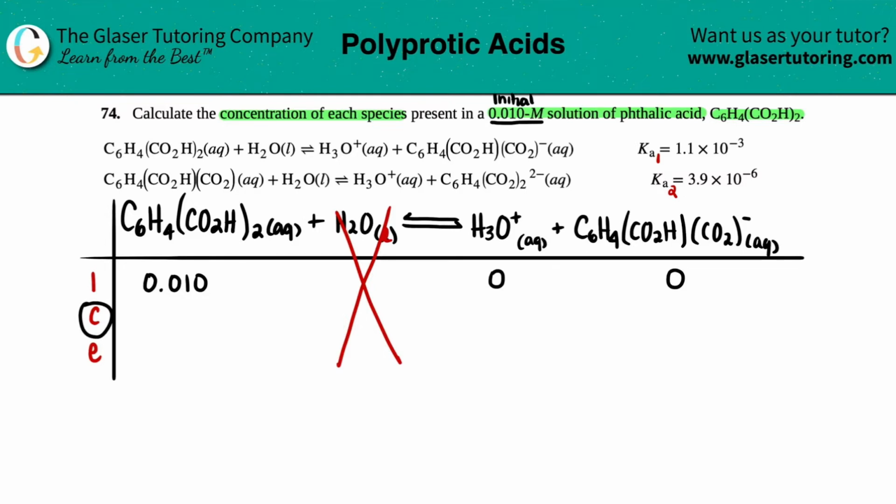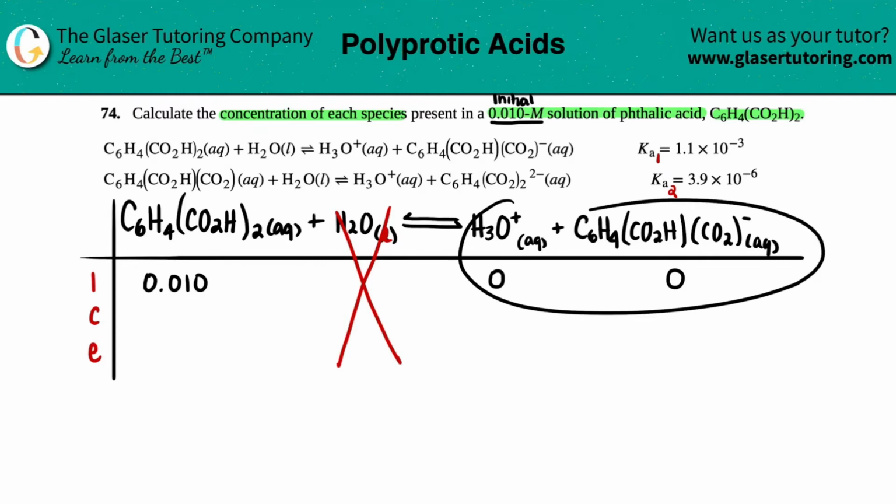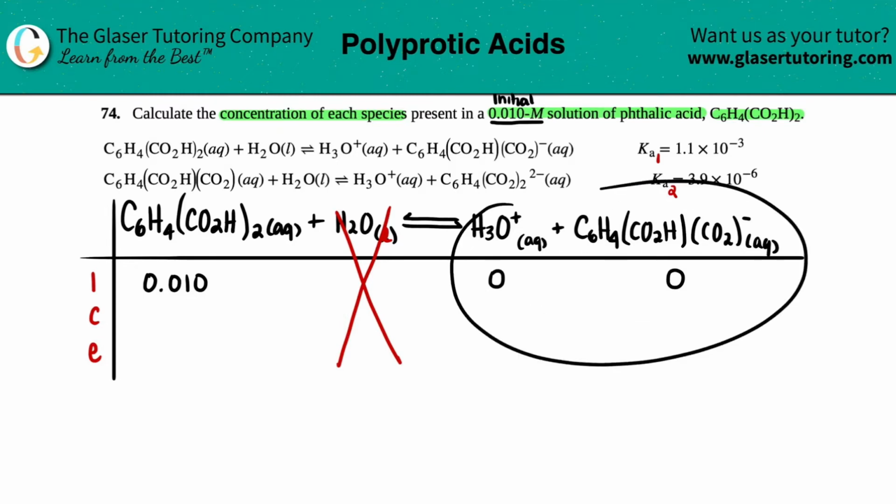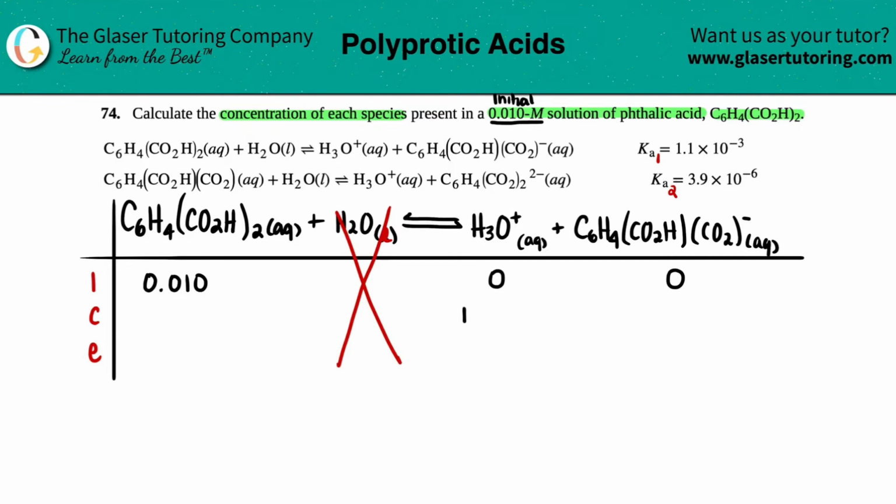C stands for change, the change in concentration. If you started with nothing, you can only go up from there. So since I have nothing on my products, the change has to increase in concentration, plus. And that means that on the reactant side, it's got to be minus. We don't know by how much, so we like to use a variable. Pick any variable. I'm just going to use x. So minus x, and plus x.